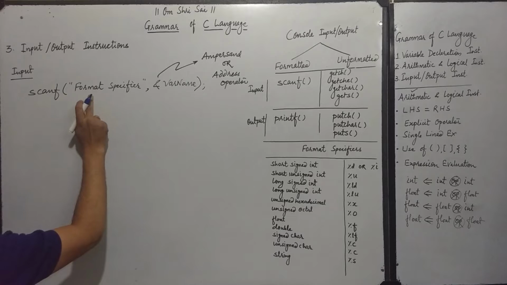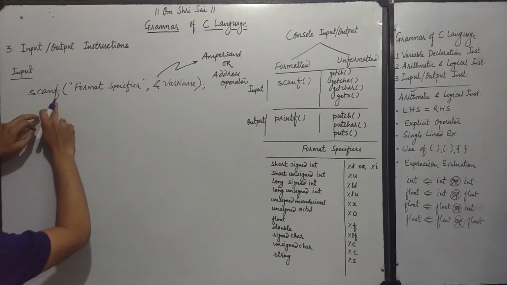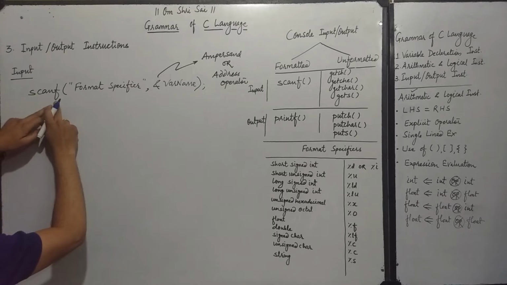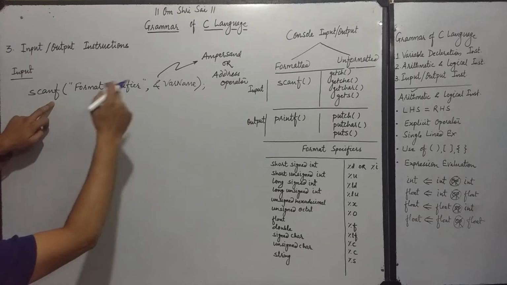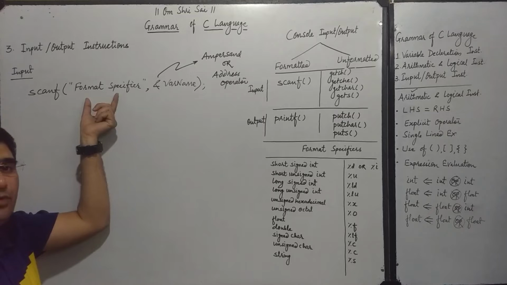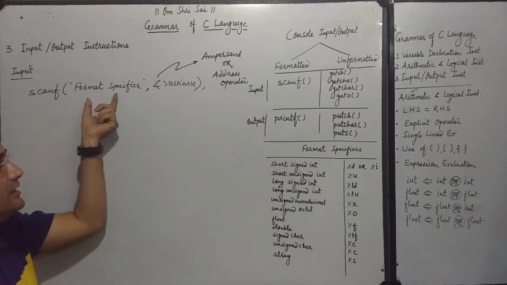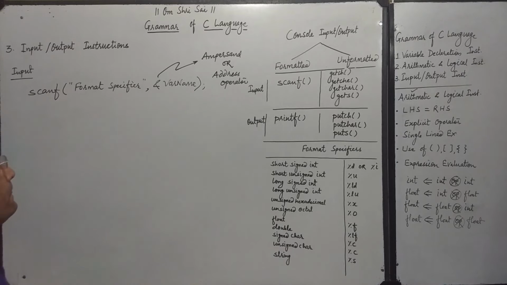Now here this is the format specifier if we are using the formatted input function. Now what does this F mean in scanf? That F actually stands for formatted. F for formatted. So we must specify the format of the input data to be scanned, that to be stored in the var name, that is the name of variable.